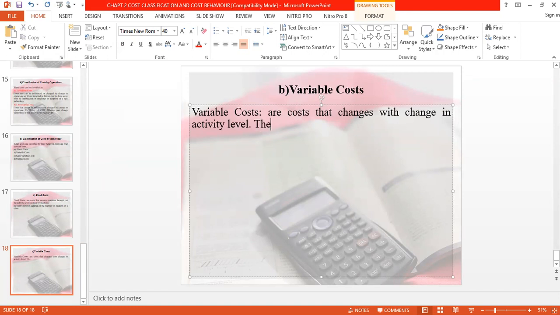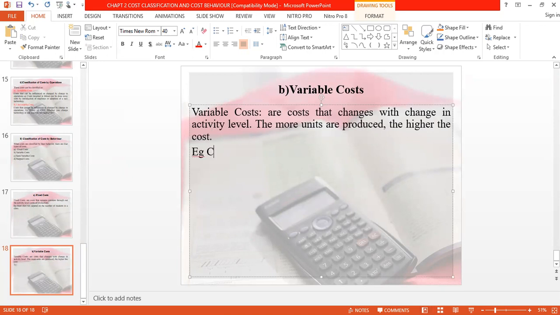The more units are produced, the higher the cost. The more units that are produced, the higher the cost.